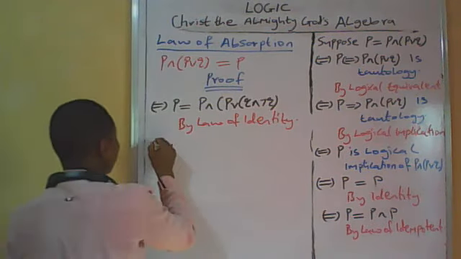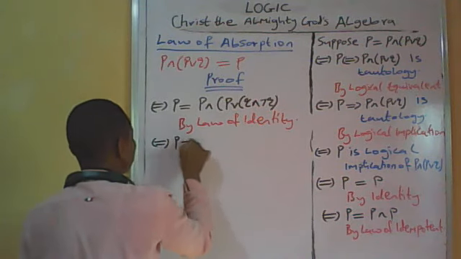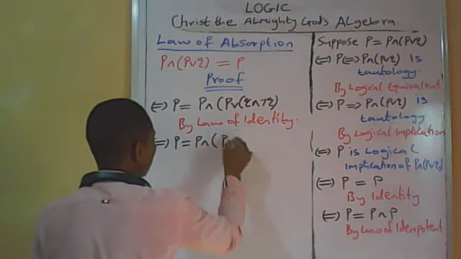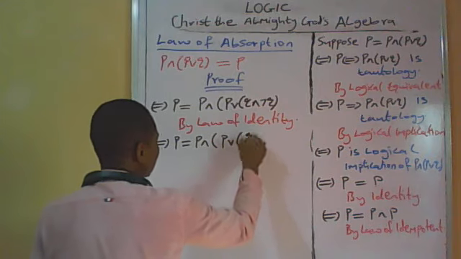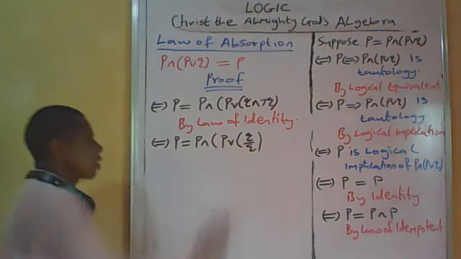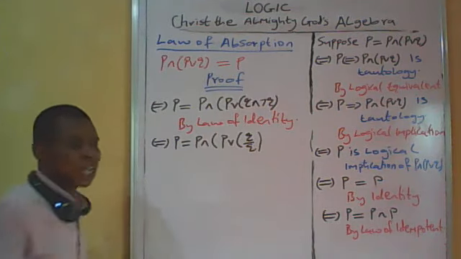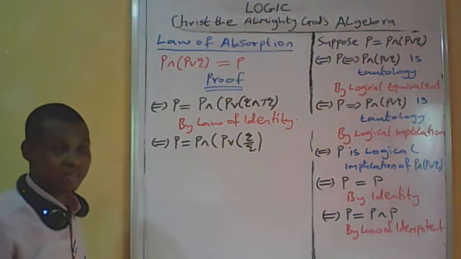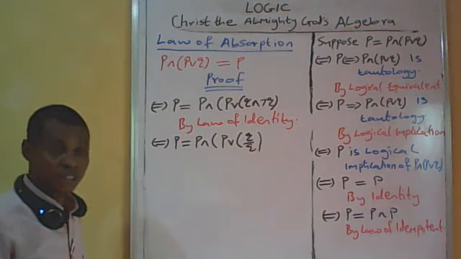If and only if P is equal to P and bracket P or bracket Q implies Q. You see that I have now transformed this Q and not Q to a conditional statement, and it still preserves equivalence.